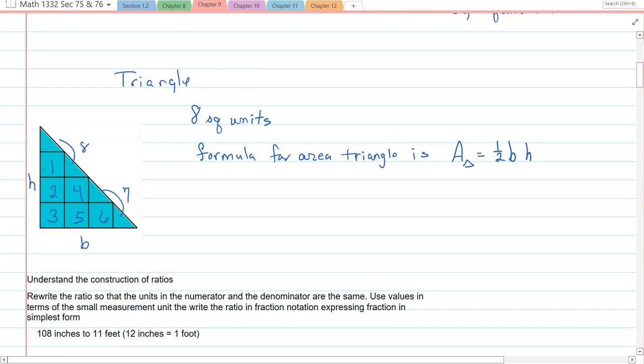So we have 1, 2, 3, 4 for the height. And on the base, I have 1, 2, 3, 4. So if I multiply that, half of 4 is 2 times 4. Area is 8 square units.